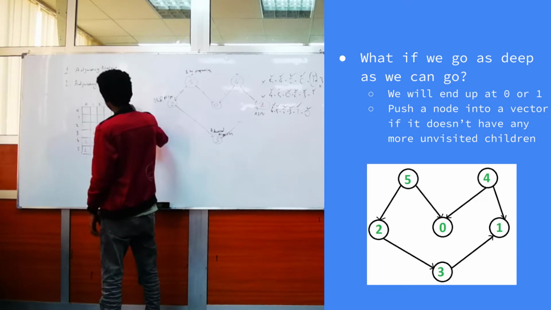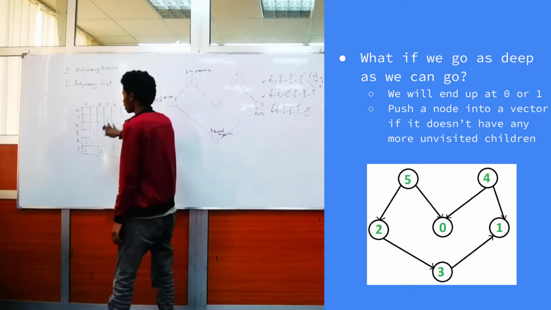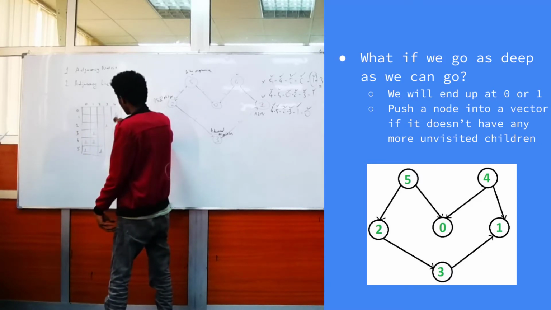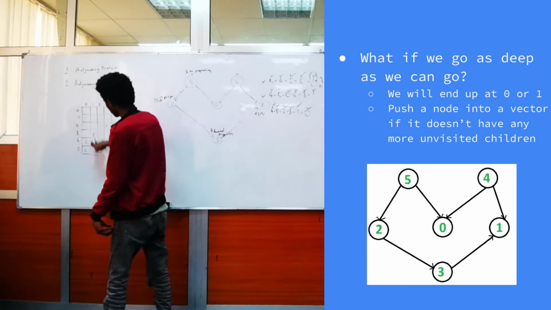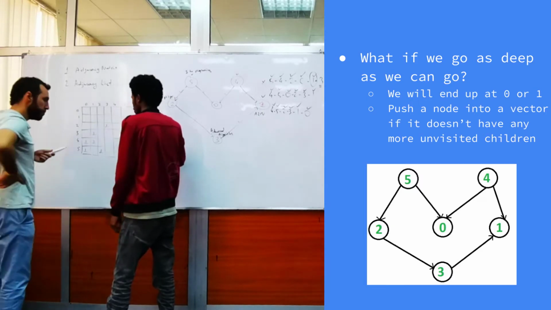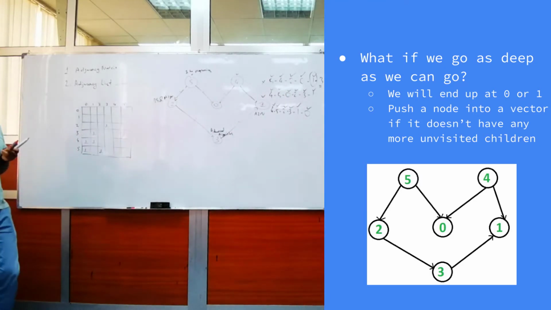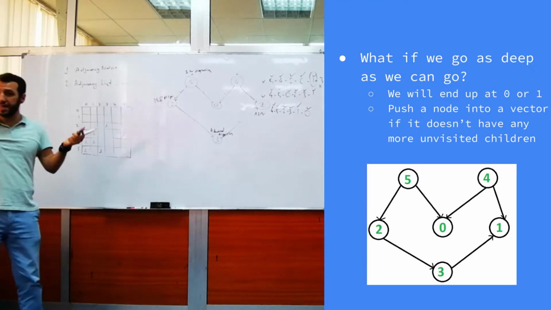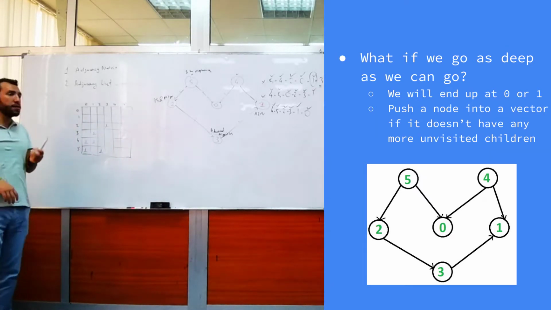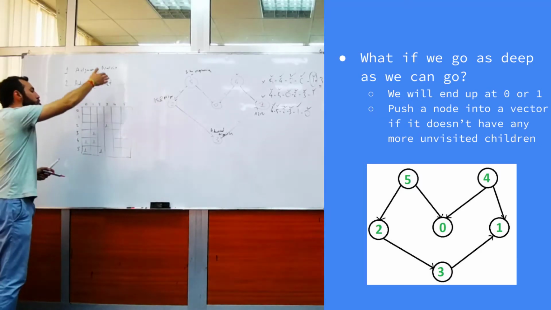Basically what I'm thinking is, if a column doesn't have a 1 in it, we can take it as a node that doesn't have incoming edges. Yes. Since there are ones in these columns, we cannot take them. But these columns don't have ones in them. So basically we can start our execution from 4 and 5. We said it is safe to start from them because they don't have any incoming edges. And given the adjacency matrix, the way to detect which nodes do not have any incoming edge is basically to check the corresponding columns.